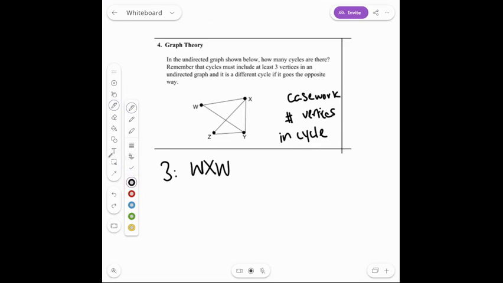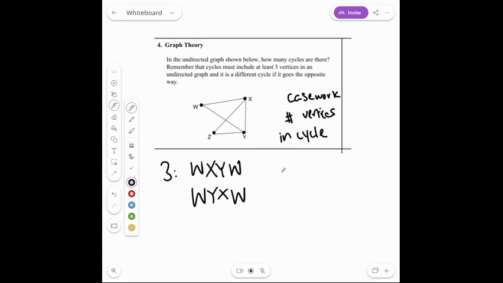So we want W, X, Y, W, for instance. Or you can have W, Y, X, W, which by the definition given in the problem does count as a different cycle. No, that's it for the one starting with W.